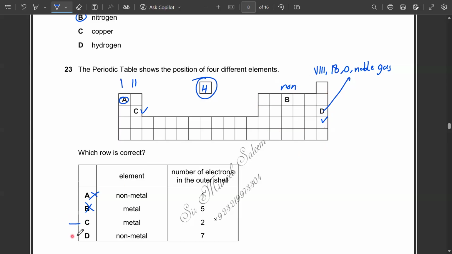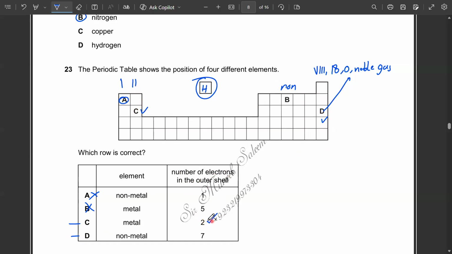So among C and D, we have to look at further information: number of electron shells and number of electrons in the outer shell. The number of electrons in the outer shell is according to the group number. If C is a metal and is present in group number 2, it would have 2 electrons in the outermost shell.